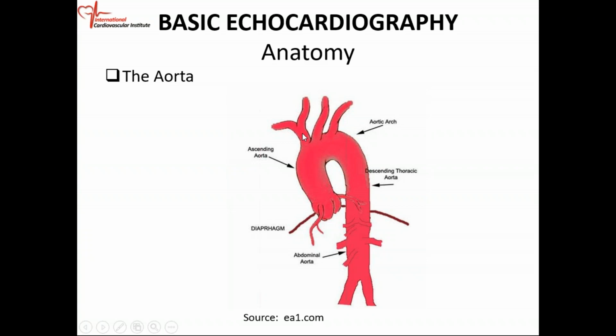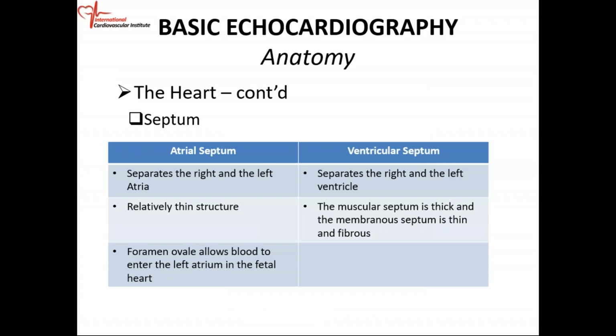Innominate or brachiocephalic, right subclavian, right common carotid. This is your left common carotid, and this is your left subclavian. You have to know the branches that come off the aortic arch. We commonly refer to them when we're doing echoes, so you have to know that.